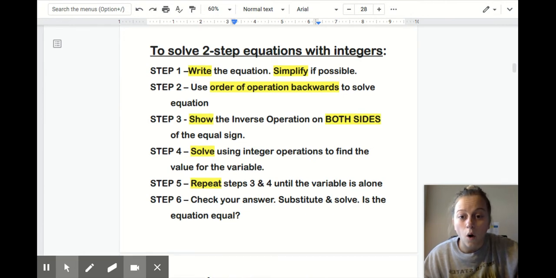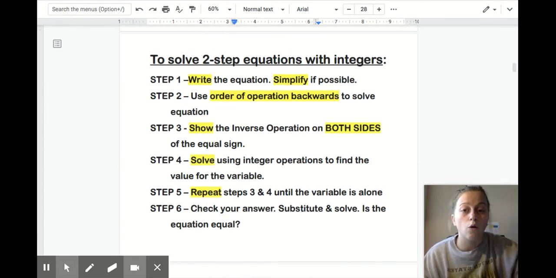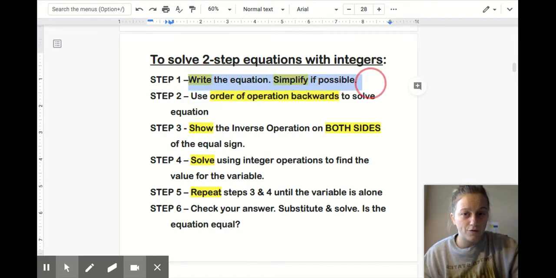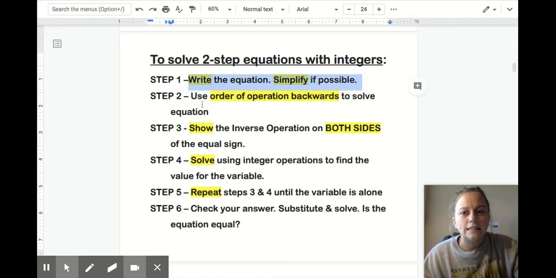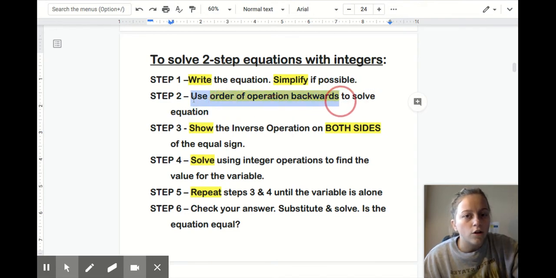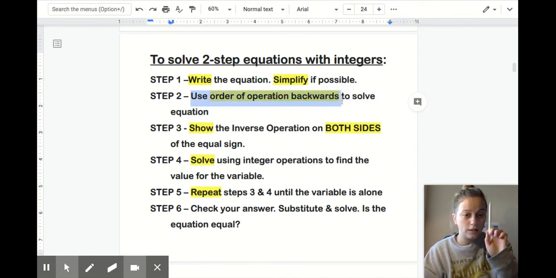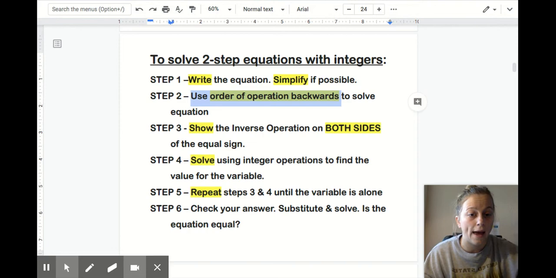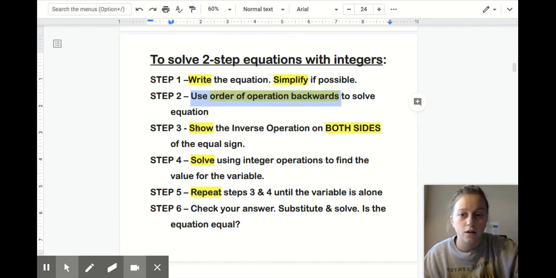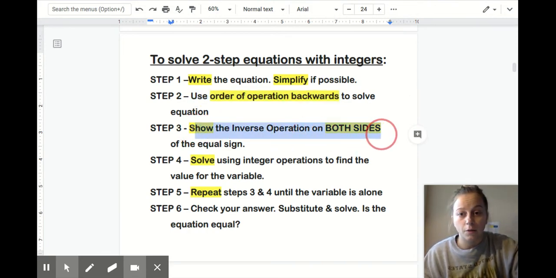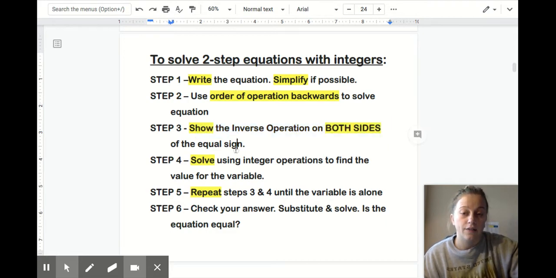These steps are also review. You've already written these down. Remember, step 1, write and simplify. Step 2, use the order of operations backwards to undo our math that we see to solve our equation. Show inverse number 1 on both sides, then inverse number 2 on both sides.